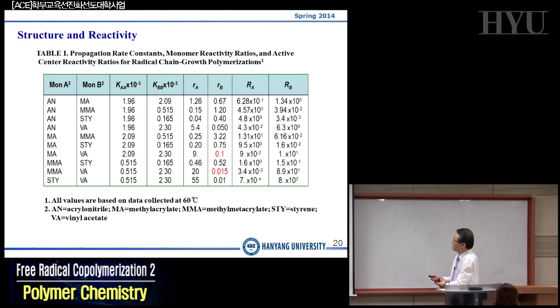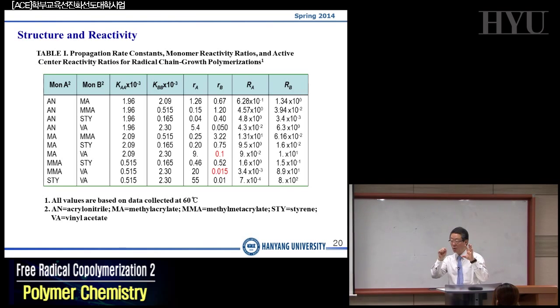But you can see that small RA, for the same monomer but a different second monomer, will change. Small RA changes, of course small RB changes. Large RA changes, large RB changes, although we fixed the first monomer.